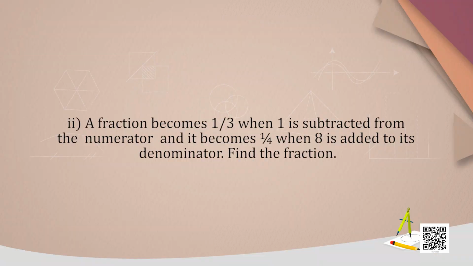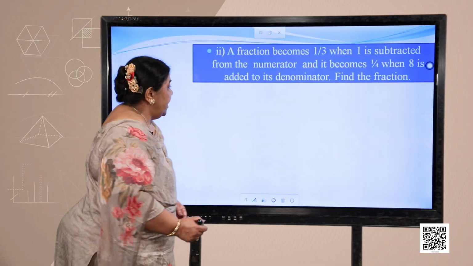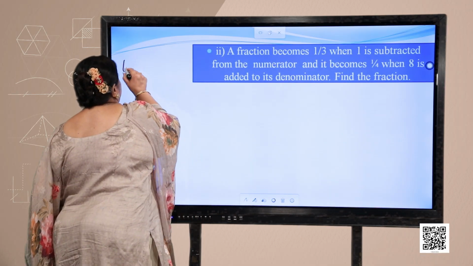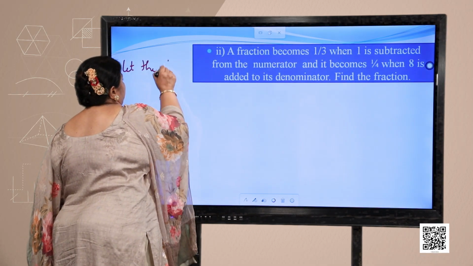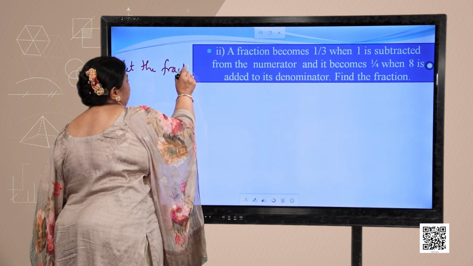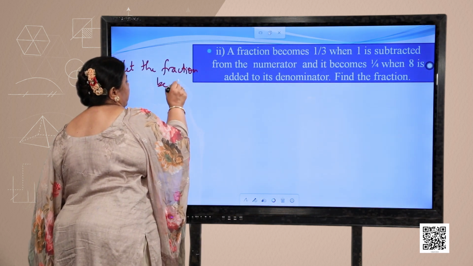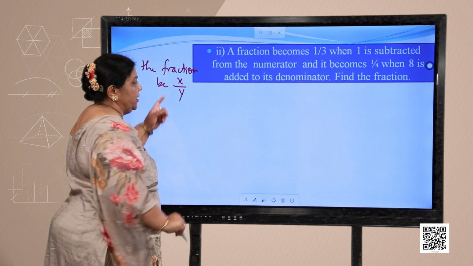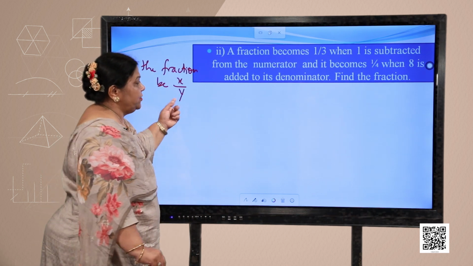A fraction becomes 1 upon 3 when 1 is subtracted from the numerator, and it becomes 1 upon 4 when 8 is added to its denominator. Find the fraction. Let the fraction be x upon y. That means numerator is x and denominator is y.